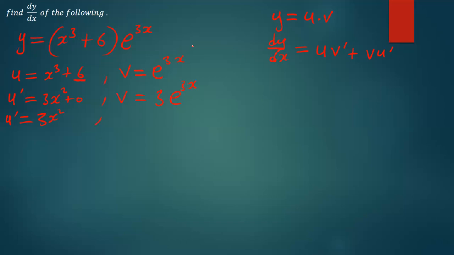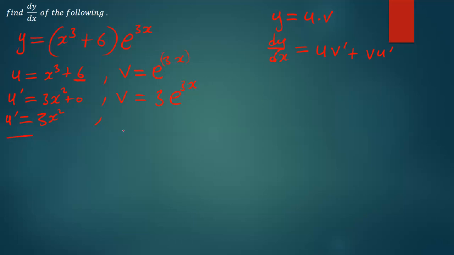Normally we use the chain rule to differentiate this expression. When using the chain rule, you make this power your u.